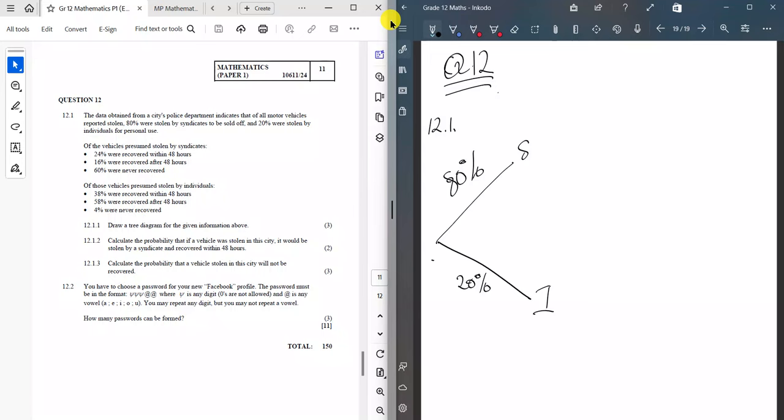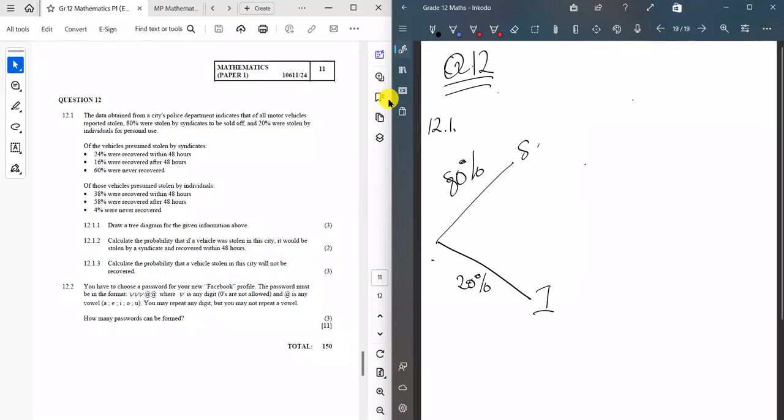And then of the vehicles presumed stolen by syndicates, 24% were recovered within 24 hours. I'm going to say W is within, and then I'll use A for after.